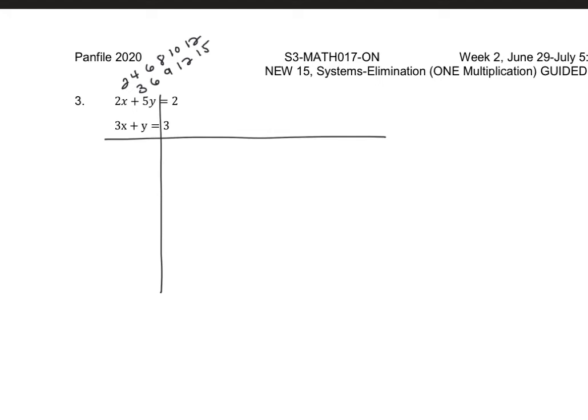But now, if I think about the number 1 and 5, and you might be asking where I'm getting a 1 from, well, there's a 1 in front of that y. Can I turn a 1 into a 5 by multiplication? Can I turn 1 into any number by multiplication? Heck yes, I can.